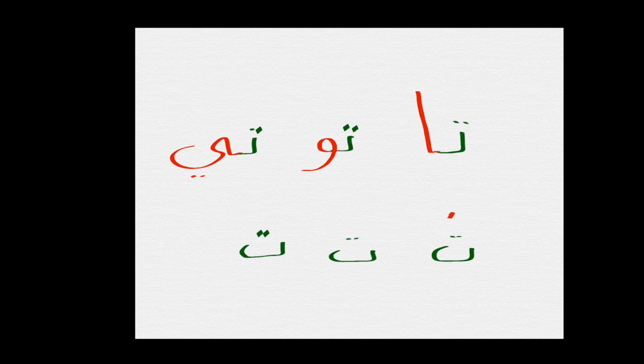And Ta with a short vowel A, which is a diagonal dash, you'd pronounce it "ta", which is shorter, and T with a short vowel U you would pronounce it "tu", and T with a short vowel E, which is the opposite of short vowel A, as it's written at the bottom of the letter, which is pronounced "ti".